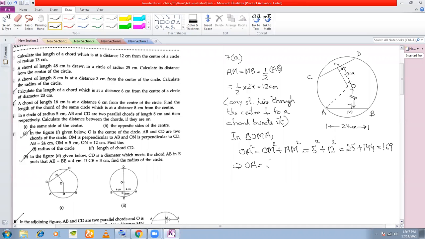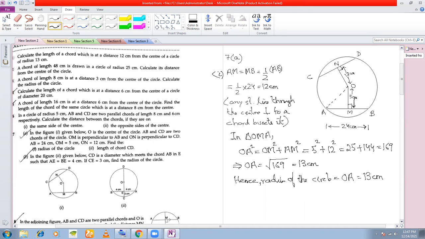Square root of 169, which is equal to 13 centimeters. Hence, part 1: the radius of the circle is equal to OA, which is 13 centimeters. So we have answered the first question.